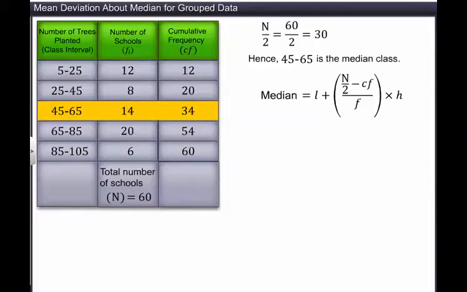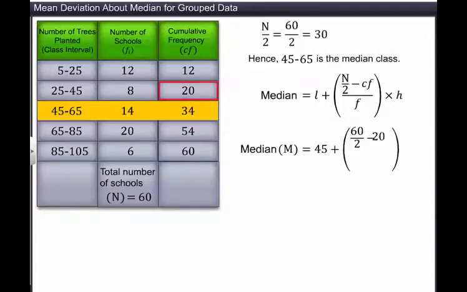From the frequency distribution table, L is the lower class limit of the median class equal to 45. N is the total number of observations, that is 60. CF is cumulative frequency of the previous class of the median class, which is equal to 20.